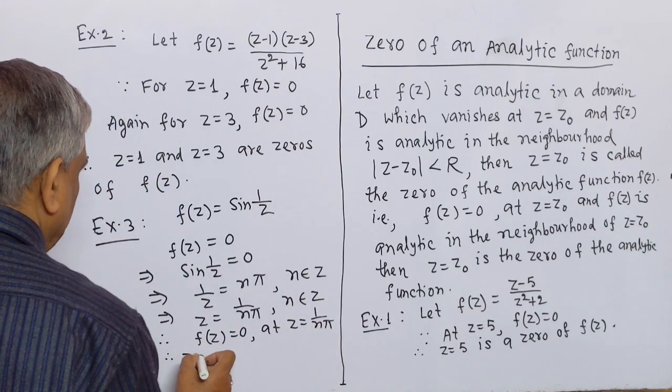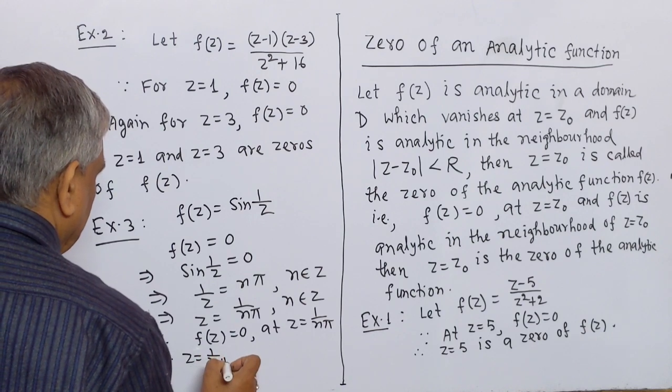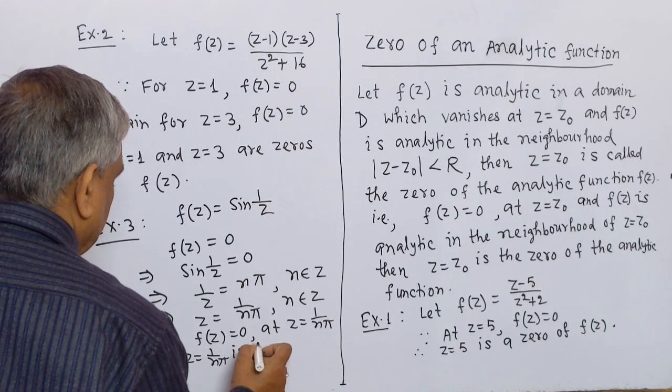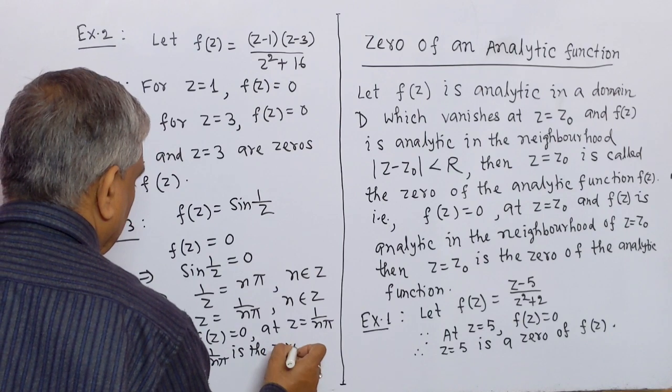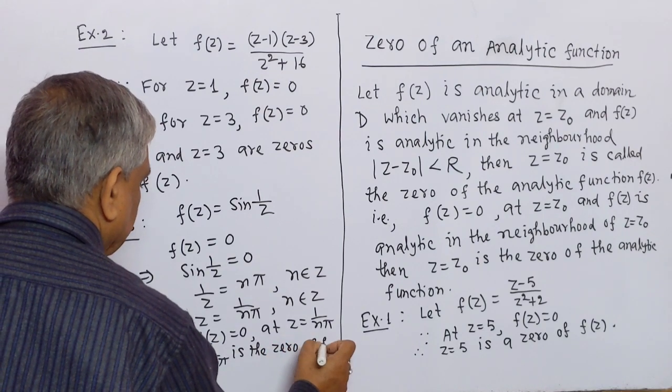Therefore, z equal to 1 by n pi is the zero of f(z).